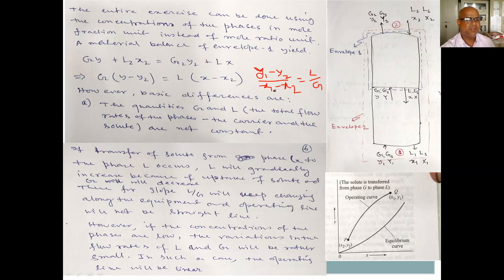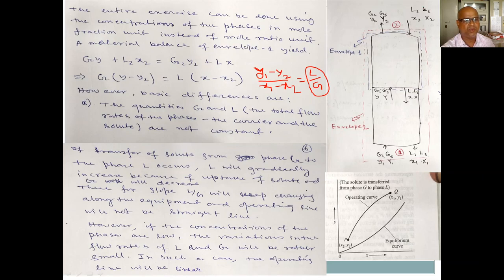Now here, if you see, the slope is L by G. Now what will happen? G will keep changing. We have seen this, because if it is 100 moles, then it will be 98, 95, 92 like this.